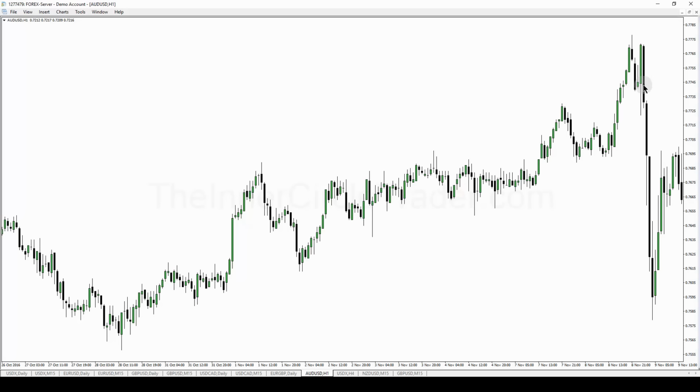Well, above here, we have this range here. What I'm noting is this candle's opening, 77.42, and this candle's high coming in at 77 even, big figure.